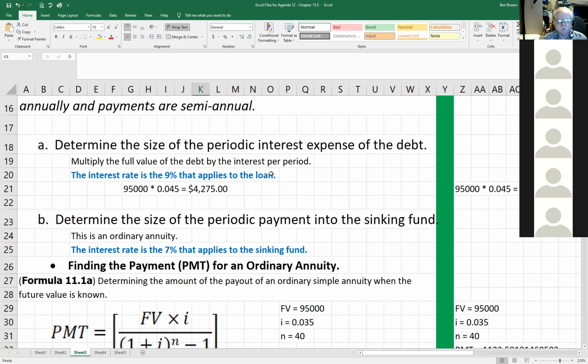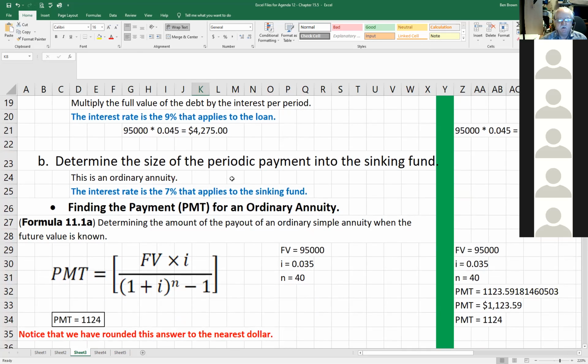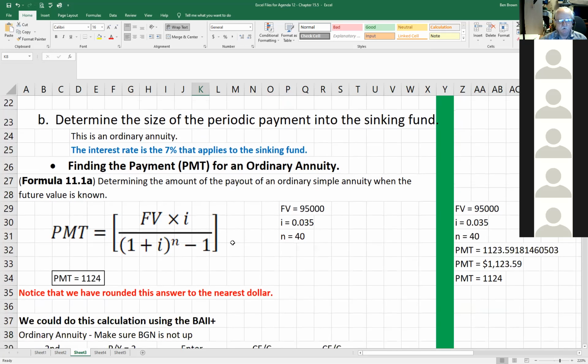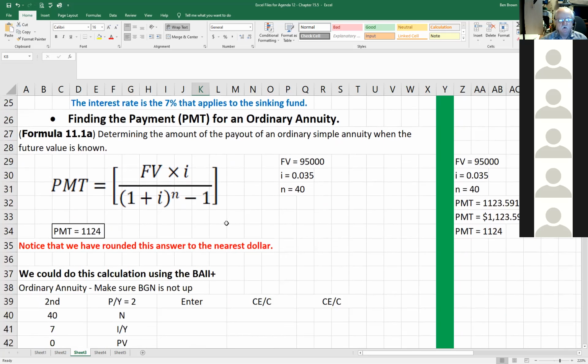So we know part A, and then determine the size of the periodic payment into the sinking fund. And this is dealing with the fact that the sinking fund is earning 7%. And we have a formula that we've already used, 11.1a. We can find the payment.